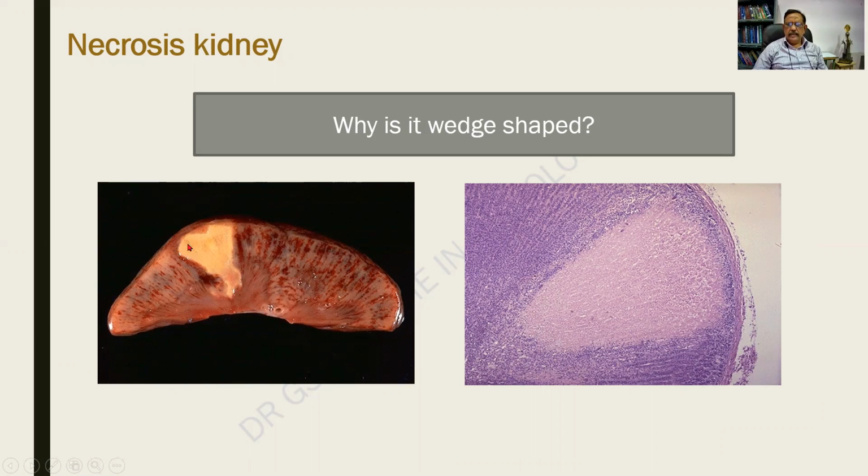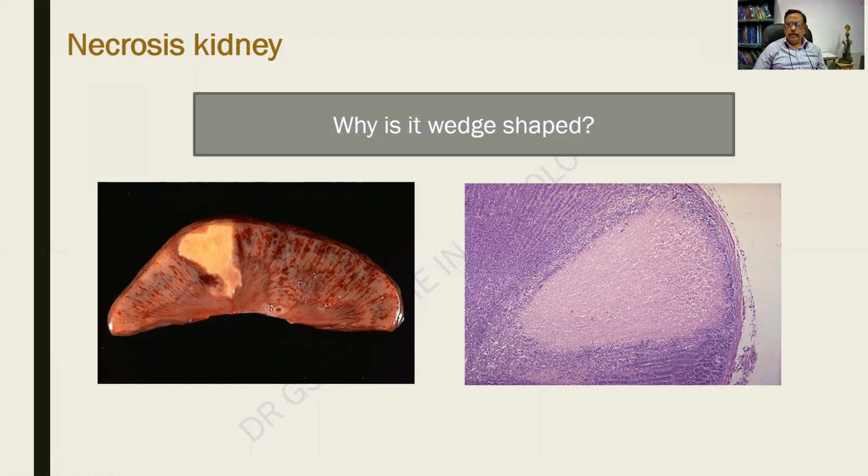Also, there is a pale area which is somewhat pyramidal or triangular. On the other side, there is a microscopic picture which is again showing a pale area that is guarded on either side by deep blue dots indicating the nuclei.